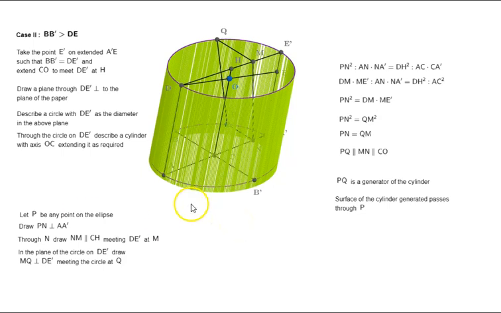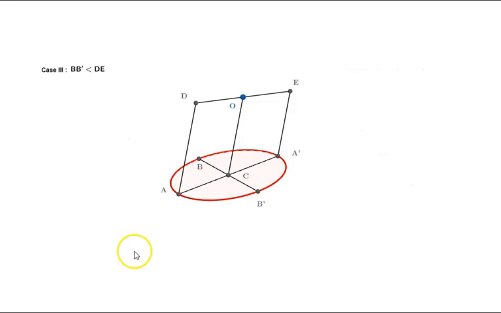Now we have to look at the third case. In the third case, BB prime is less than DE. So now we take a point K on CO produced such that DO square minus BC square is equal to OK square. So let's do that.